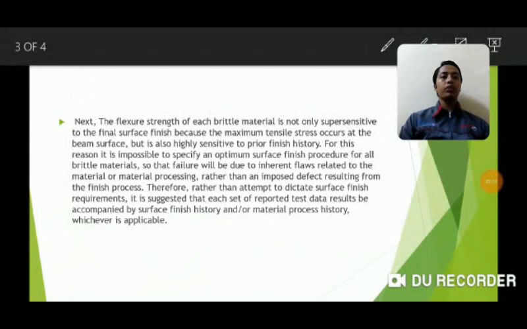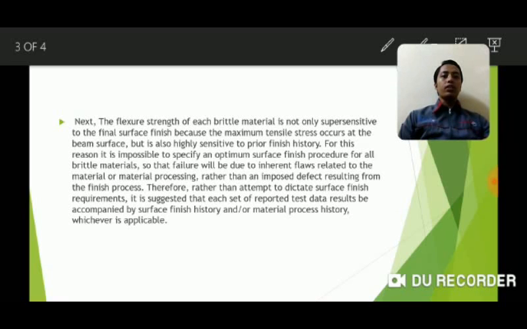Next, the flexure strength of each brittle material is sensitive to the final surface finish because the maximum tensile stress occurs at the beam surface. It is also highly sensitive to prior finish history.